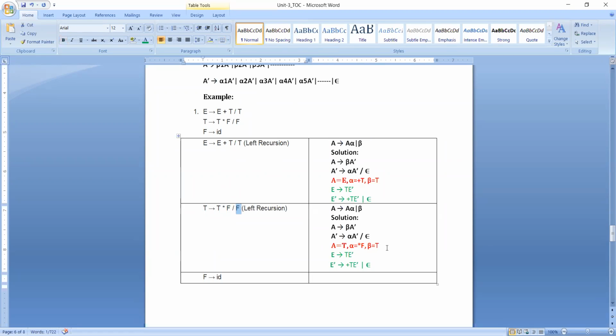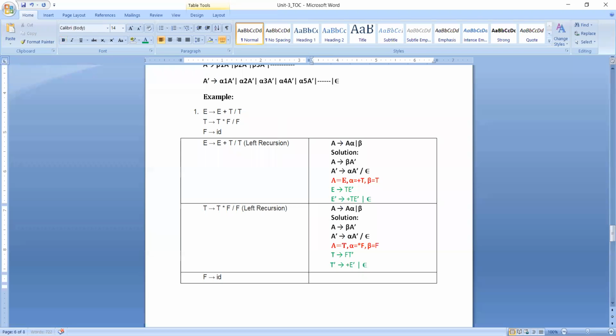Beta is capital F. So here A is capital T, and T derives to beta A dash, what is beta here? F A dash, where A dash is capital T dash. And A dash derives to alpha A dash.